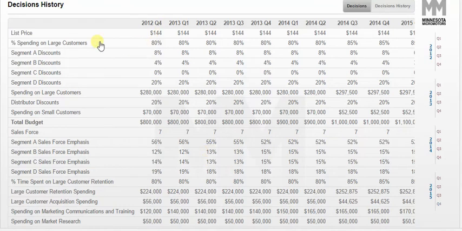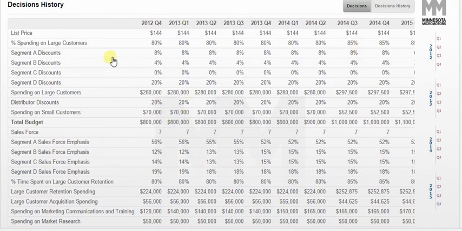You got to build their customer. And then the percent on large customer was 80%, and then after time I increased the percent to 85 to show that the large customers are more important because they spend more money than the smaller customers.